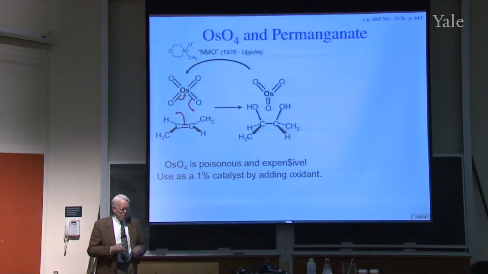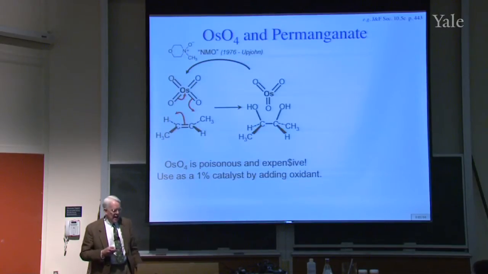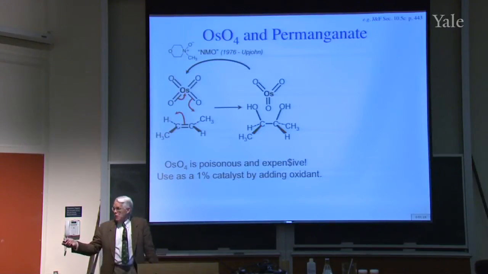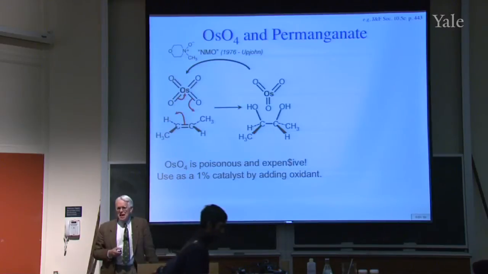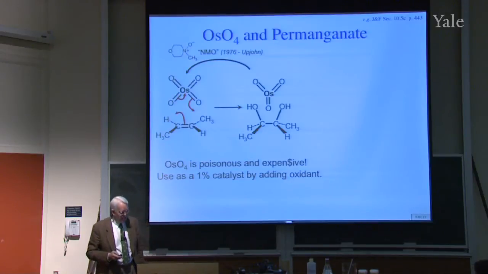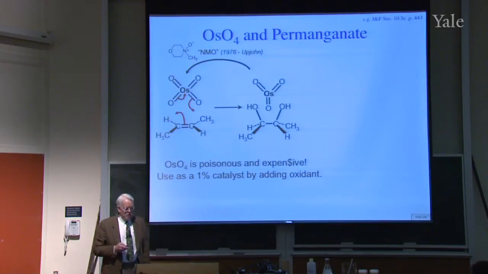In fact, it was improved in 1976 by using a different oxidizing agent, this N-oxide, the morpholine oxide. And in fact, this is called the Upjohn process, which is relevant because the guy whose picture is over here, whose estate gave the money for redoing this room a while back, was the research director at Upjohn Laboratories.